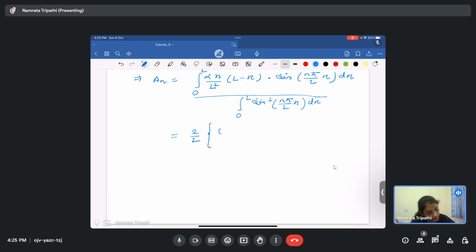So we can write alpha and L square outside, 2 alpha, so this will become 2 alpha upon L cube.